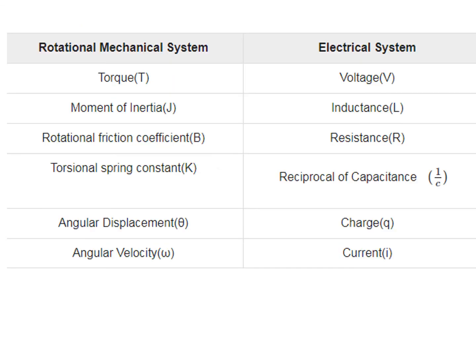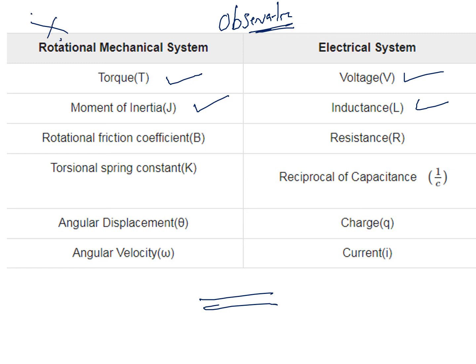Previously I explained the force voltage analogy clearly. Very similarly I can draw these observations. For a rotational mechanical system, the torque and the electrical equivalence is voltage. This tabular column, as I said, is very important.